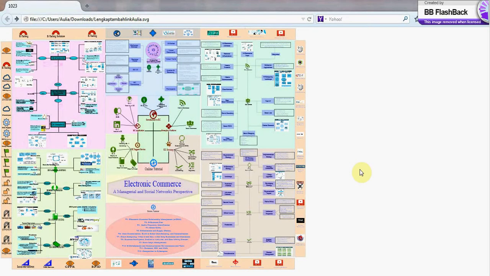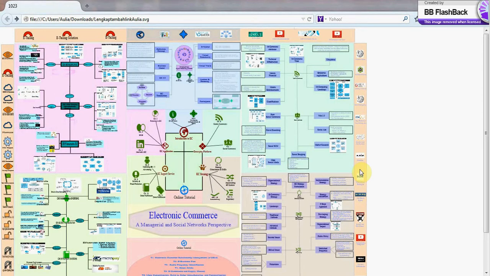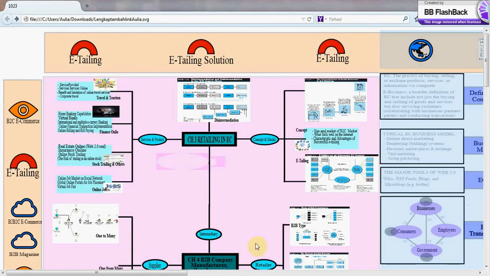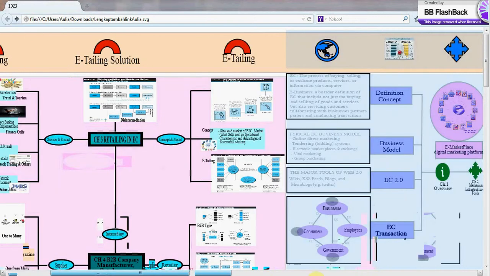Hello, welcome again in Electronic Commerce Map with me, Aulia, and I will continue my explanation about electronic commerce strategy for Chapter 14 and Chapter 15. Let's see Chapter 15 and Chapter 14 in this map.